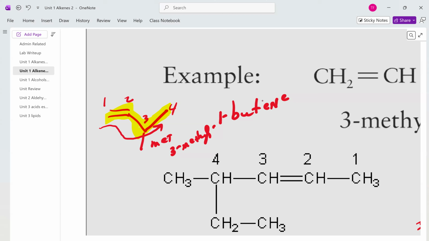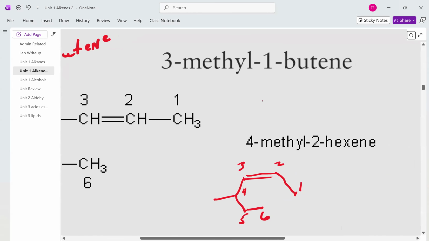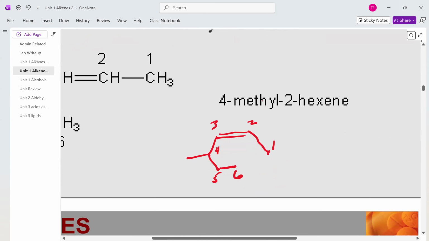So when we first hit a double bond, it's at carbon number 1. If you're going the other way, it would be the other carbon, but then it would be a higher number. Okay, so let's look at this one here. We numbered from right to left.